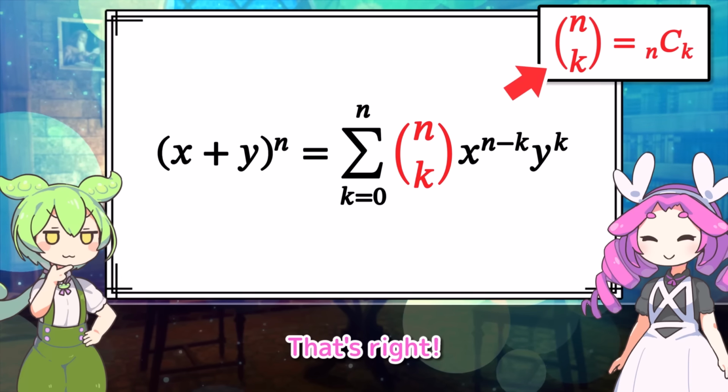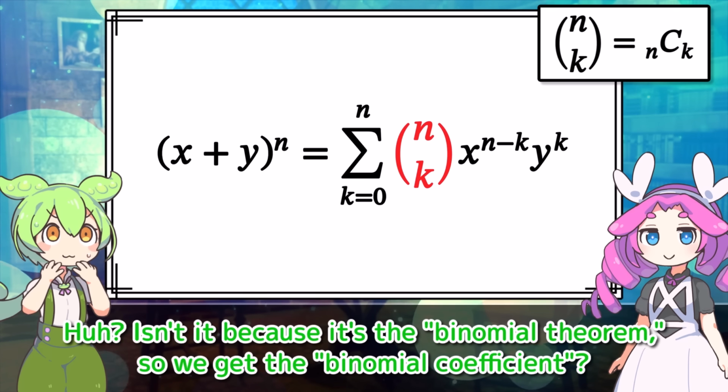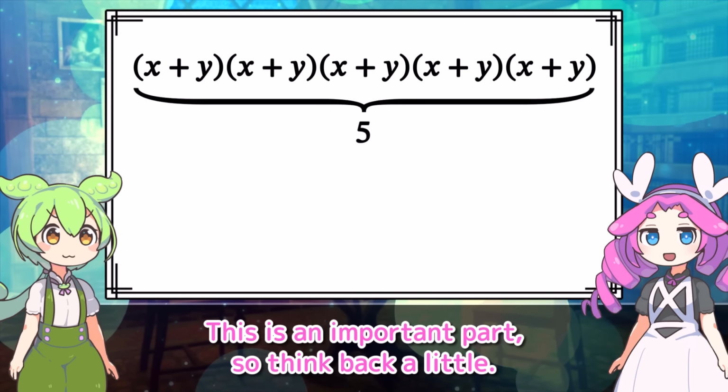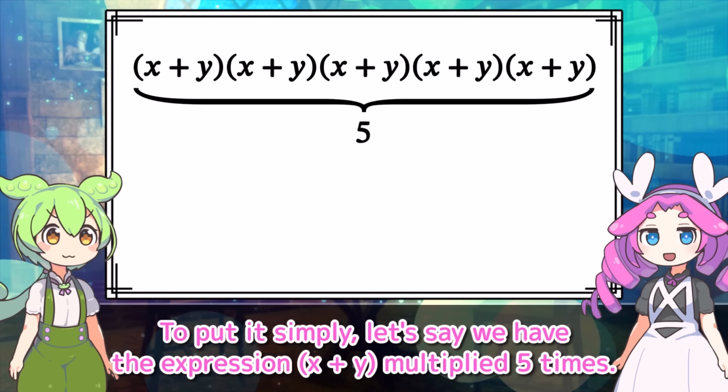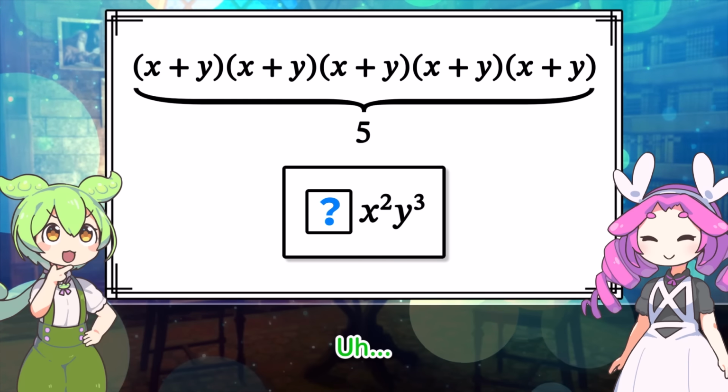That's right. Now do you know why the binomial coefficient appears here? Isn't it because it's the binomial theorem, so we get the binomial coefficient? Well, yeah, but this is an important part, so think back a little. To put it simply, let's say we have the expression x+y multiplied 5 times. When you expand this, what would be the coefficient of x^2y^3?